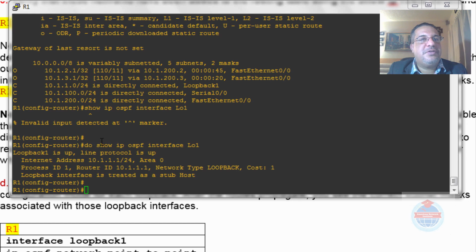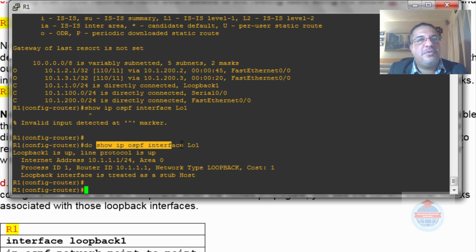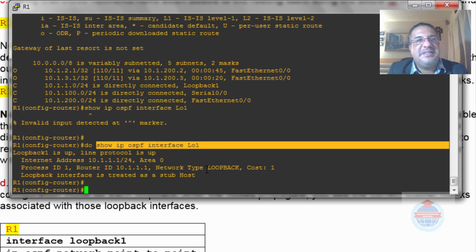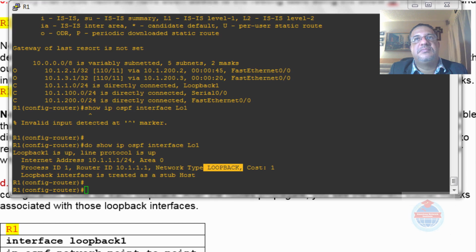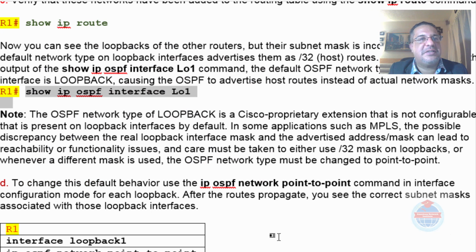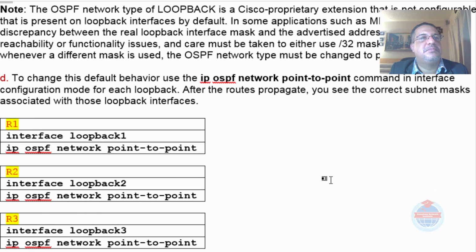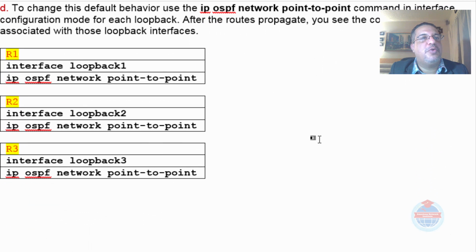So what we see over here in show IP OSPF interface is that it is advertising the loopback, and it's not advertising the network mask. So let's start fixing that situation right now, guys. So we're gonna change that behavior right now.